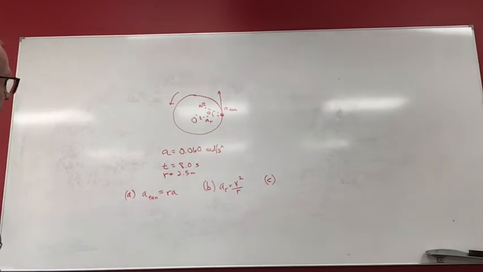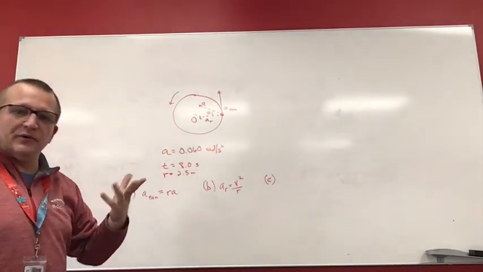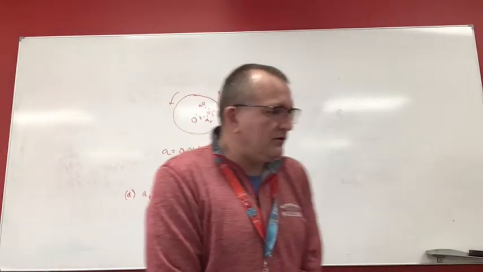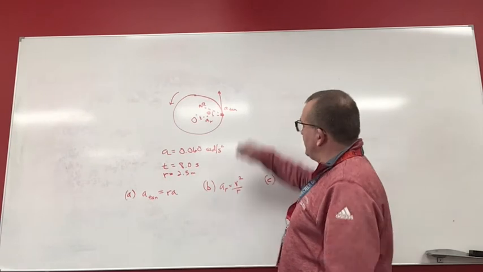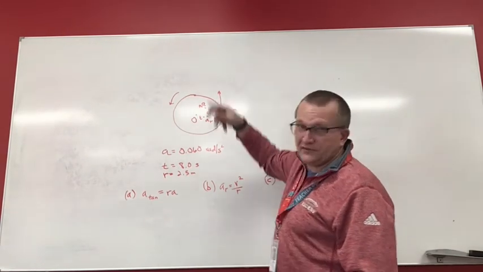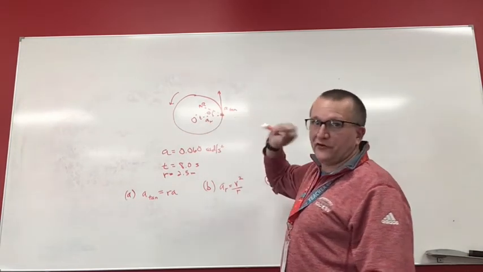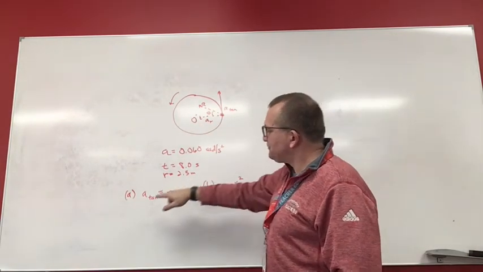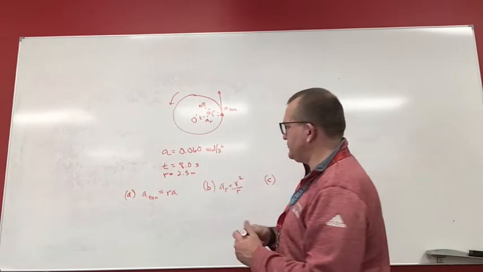Okay, so same situation here, but now we're talking about the accelerations as opposed to the velocities. So we want to find the linear acceleration, which is the tangential acceleration if we're going in a circle, right? That's the acceleration that sends us off on a tangent if whatever we were on lost friction. Tangential acceleration is equal to radius times angular acceleration, right?